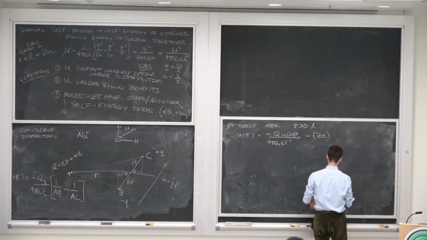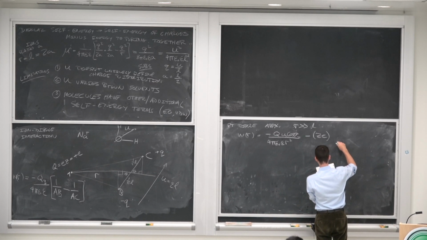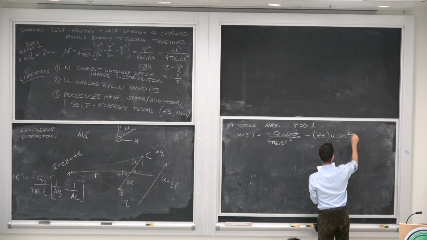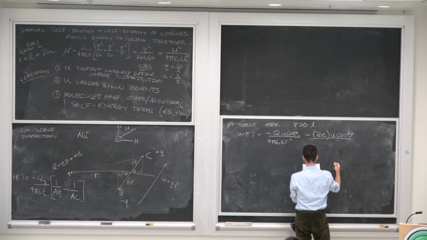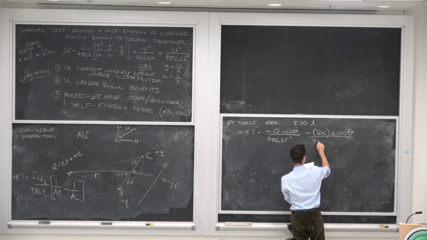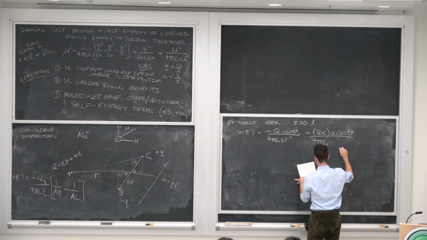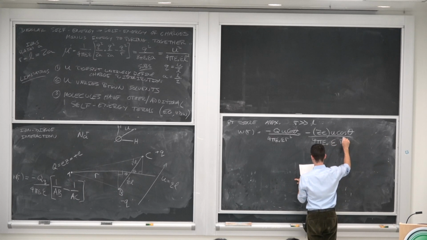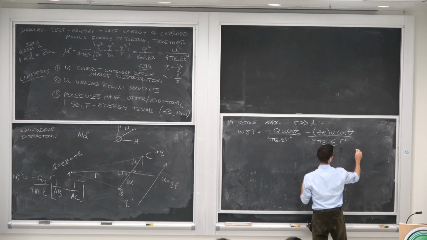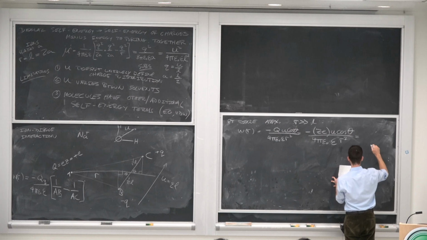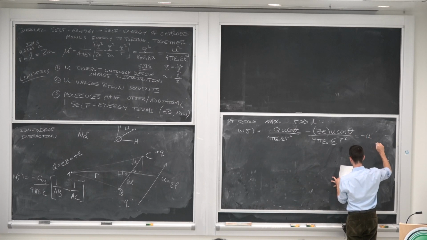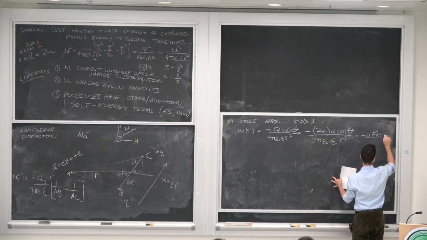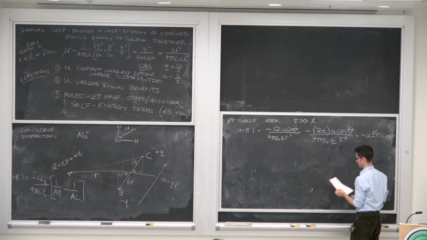Or if we write this out for Q, we get minus the quantity ZE times U cosine theta over 4 pi epsilon naught epsilon R squared. And from the beginning of class, this is the same thing as U times the electric field times cosine theta.